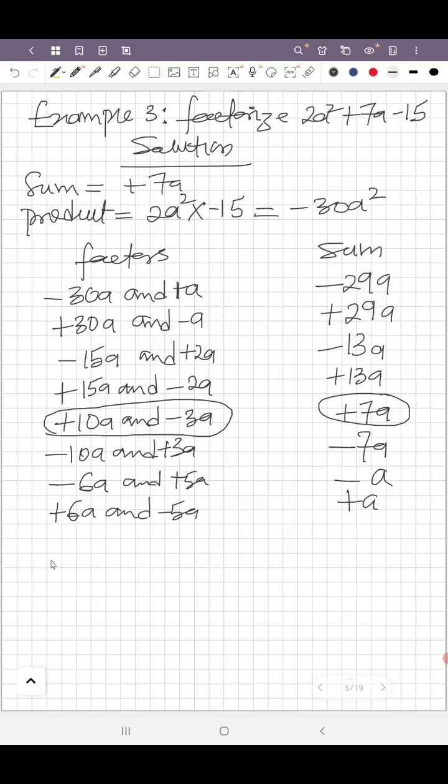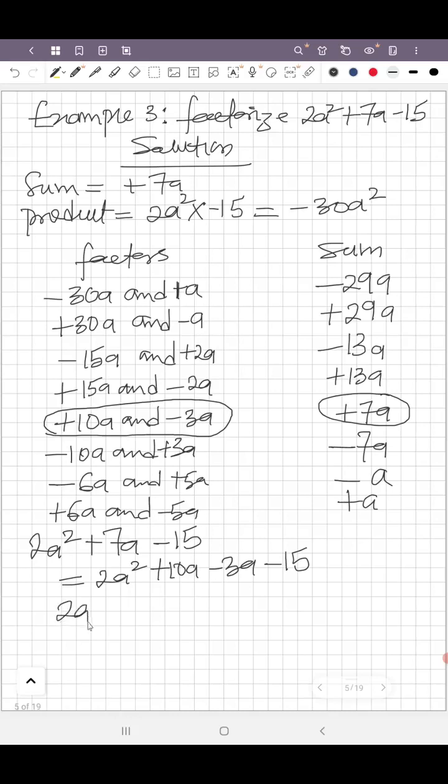So we now have 2a squared plus 7a minus 15. It will surely give you 2a squared plus 10a minus 3a minus 15. So you try to find exact factors that are common between the two terms.